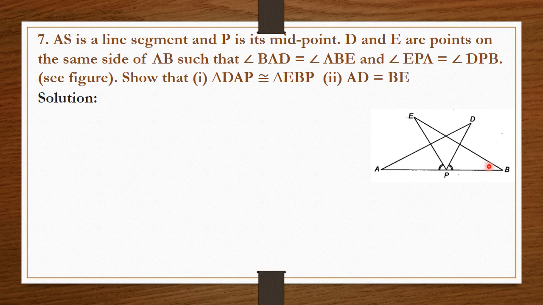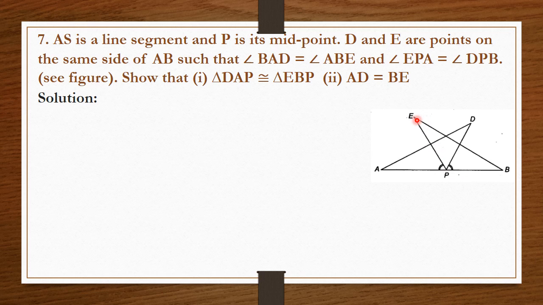So these two angles are equal and these two angles are equal. We have to show that this triangle DAP is congruent to this triangle EBP, right?